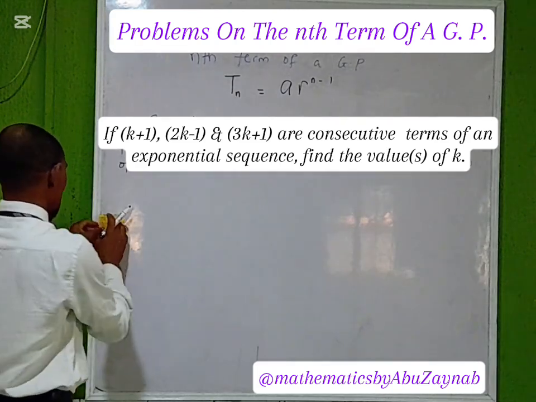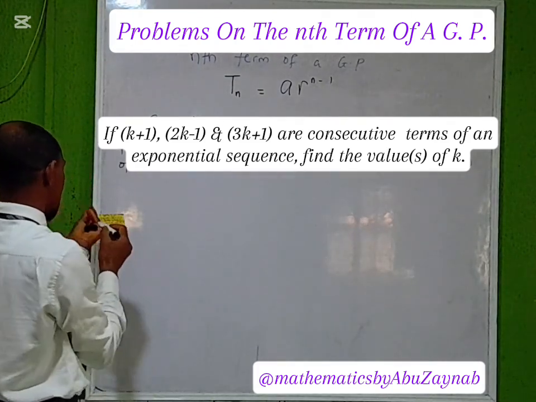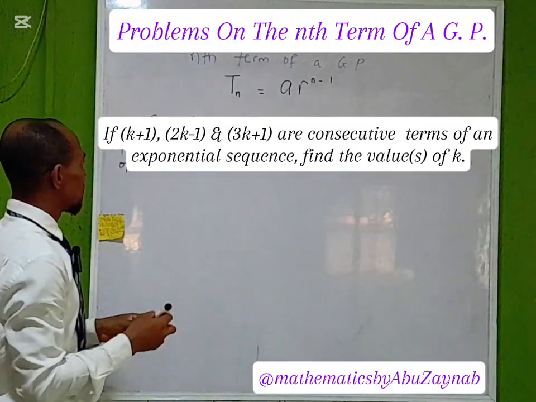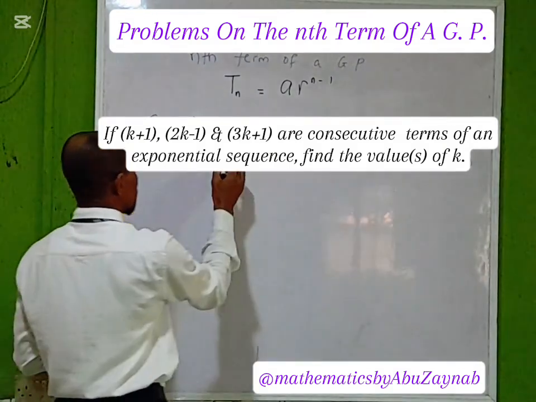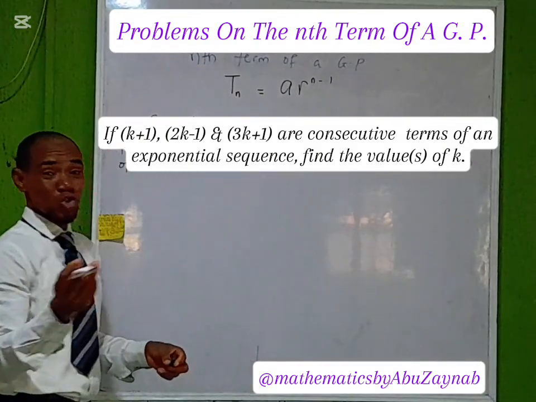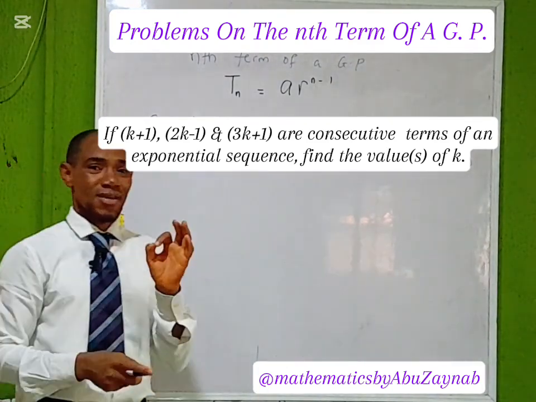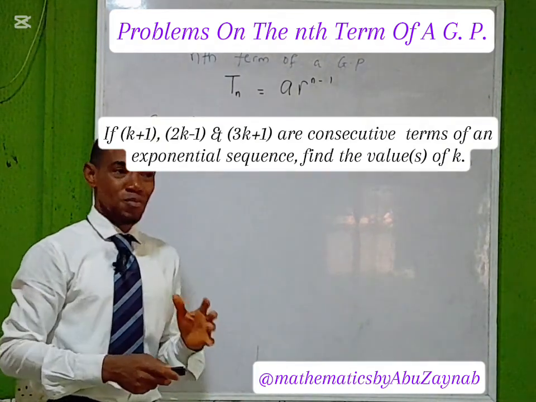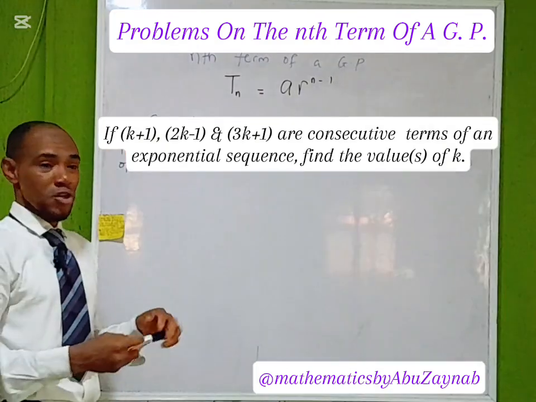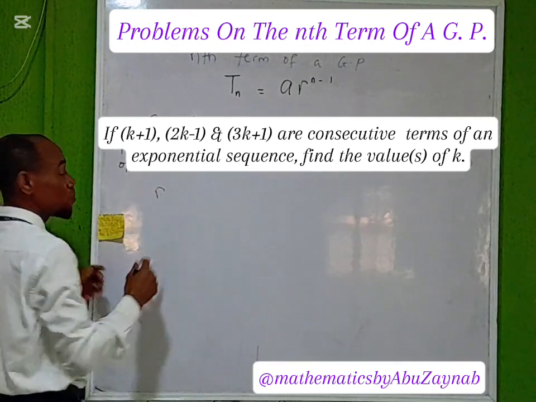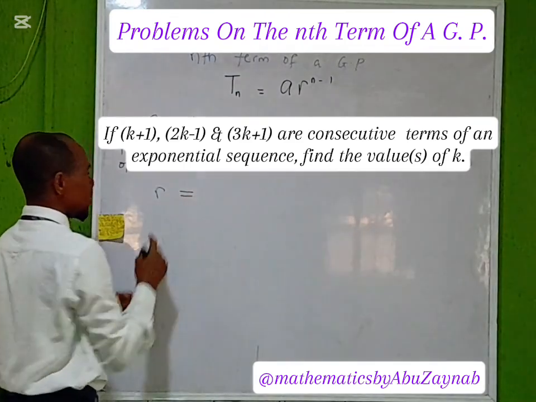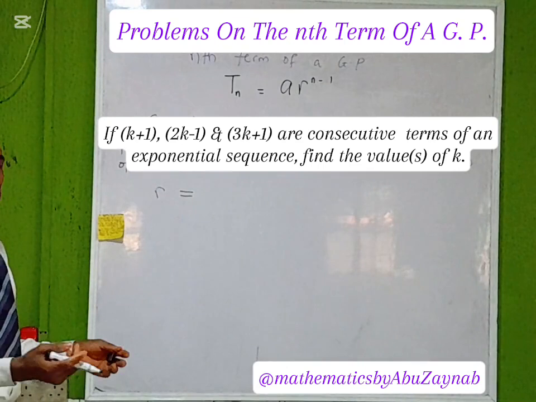Okay. So here we're going to use a concept that is very, very fundamental to exponential or geometric progression. And what's that concept? To identify as an exponential sequence or a geometric progression, we bring about the concept of common ratio. So for you to be a GP, you must have a common ratio. And what's the common ratio?